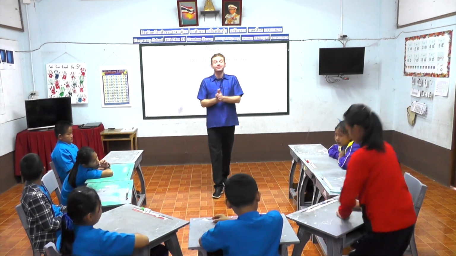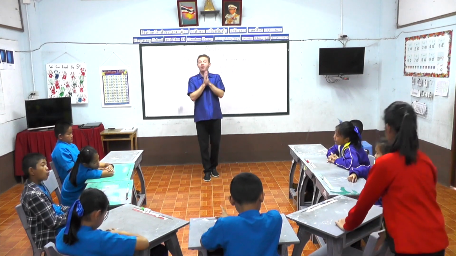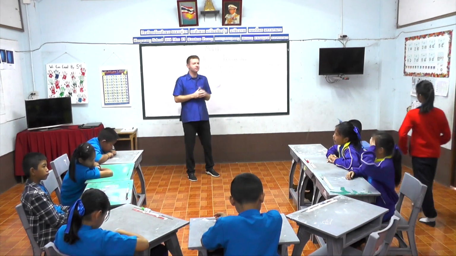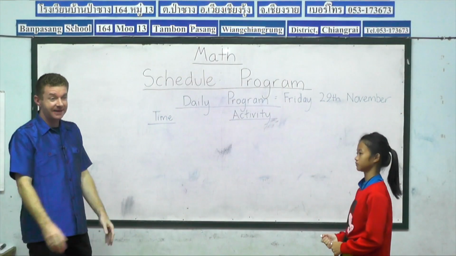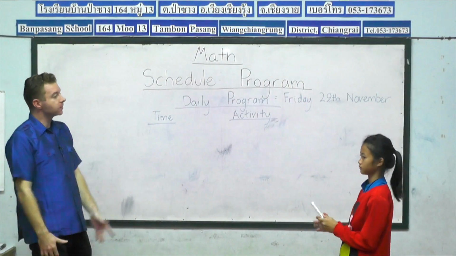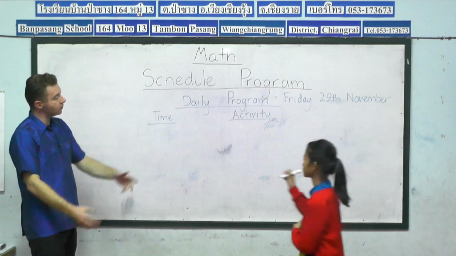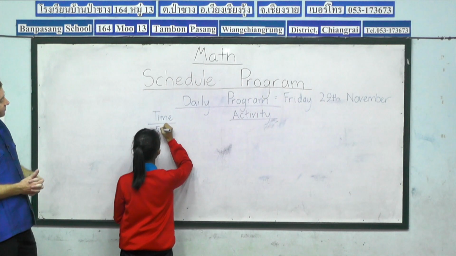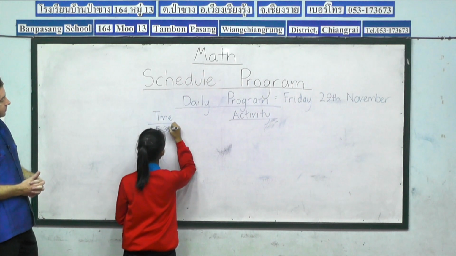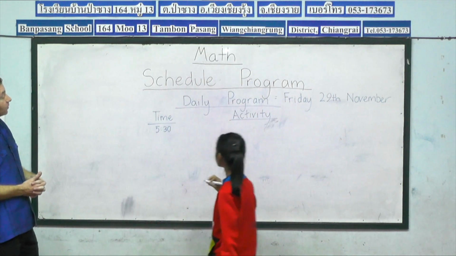And now it's Down's turn to come forward and give us our first activity. Now, I think this is the first activity that everybody does every morning. Can anyone guess? Wake up. But Down, what time did you wake up this morning? 5:30. Okay, excellent. So we've got the time.